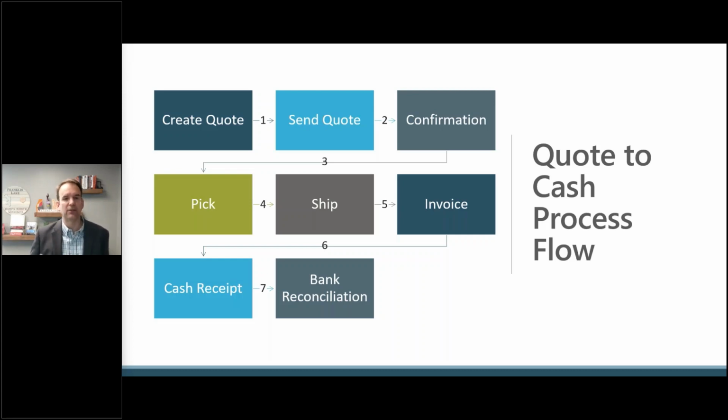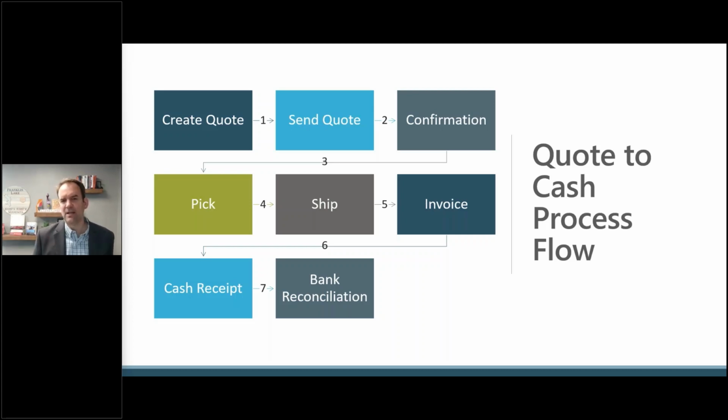You might have to pick it, you might have to ship it. What is the transportation cost associated with it? Then you'll create an invoice for it. Once the invoice is created, then you've got to receive that cash and make sure that that cash has been applied against that particular invoice for that customer.